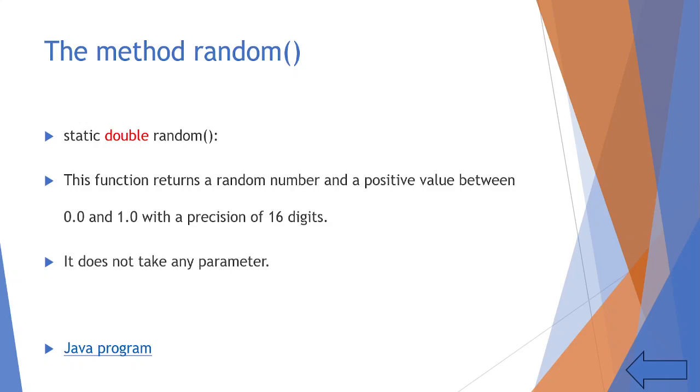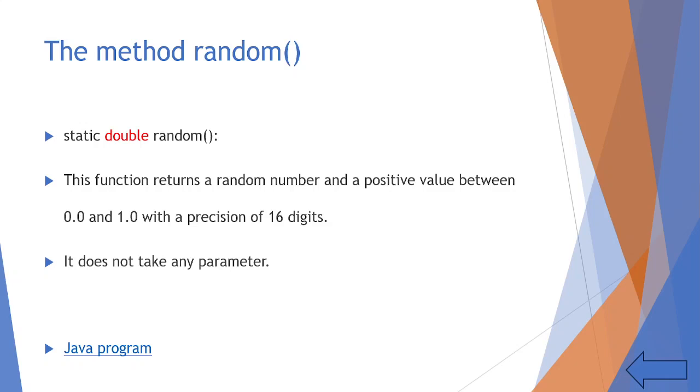Here also we can use the multiplication operator to get one digit as an integer, because 0.0 to 1.0 is one digit. If you multiply it by 100, then it can return 2 digits, that is 10 to 99, and so on. Let's see a program just for fun.